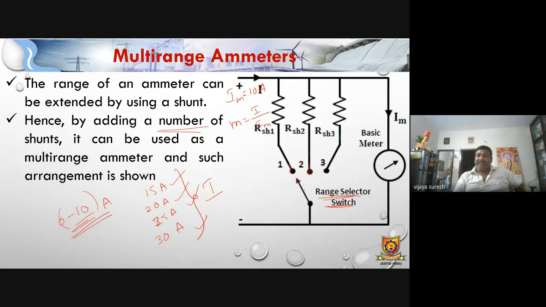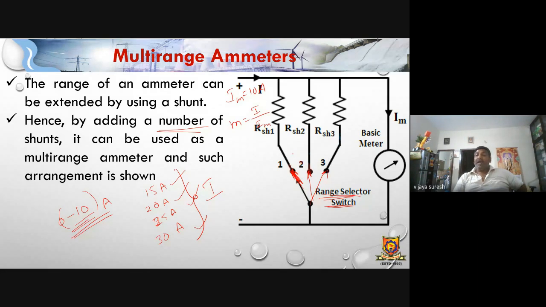So if I connect at point 1, what will happen? RSH1 is in parallel with RM, where RM is nothing but the meter resistance. If I connect at the second point, RSH2 will be in parallel with the meter. If I connect at the third position, RSH3 will be in parallel with the basic meter.